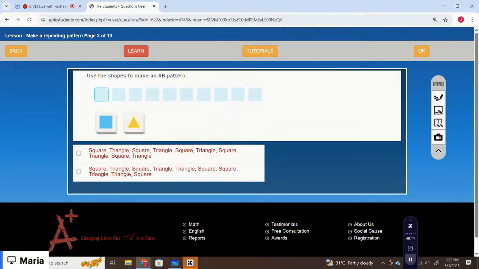Use the shapes to make an AB pattern. Square, triangle, square, triangle, square, triangle, square. Option number one is the correct option.